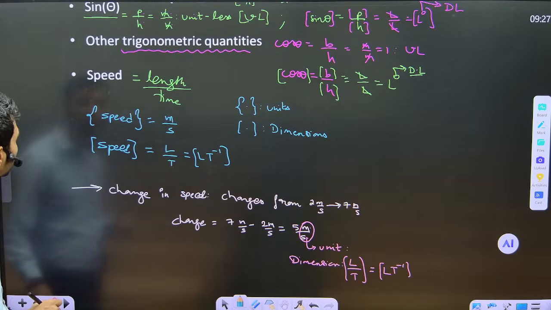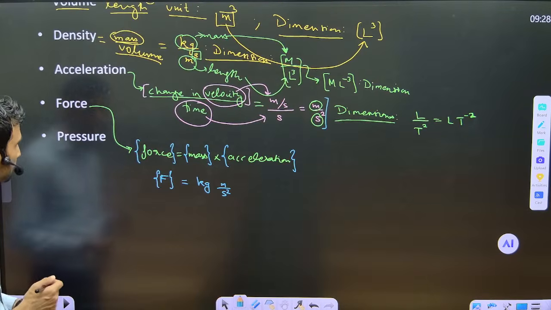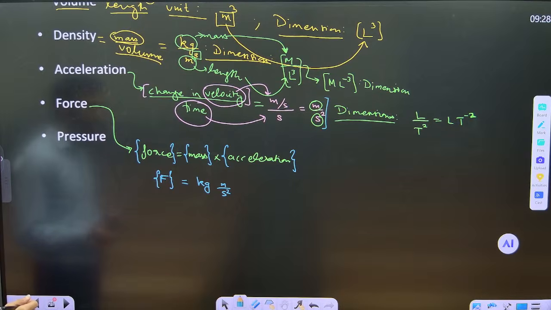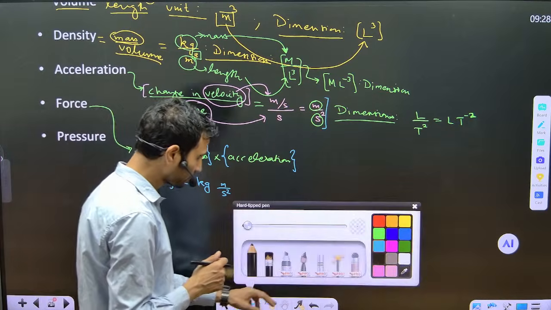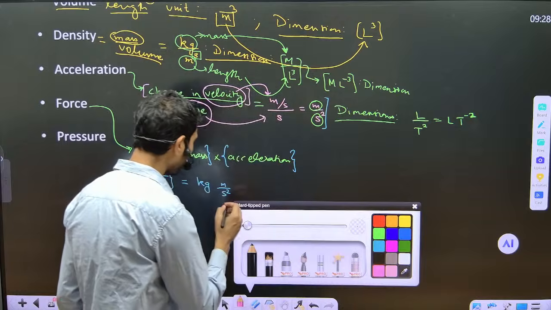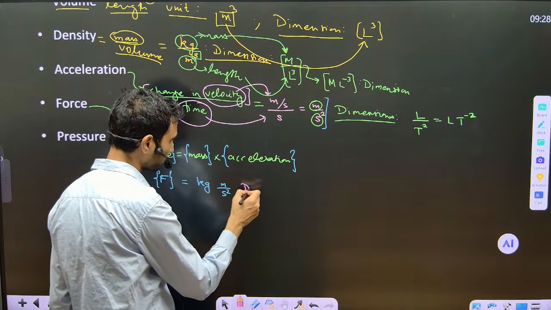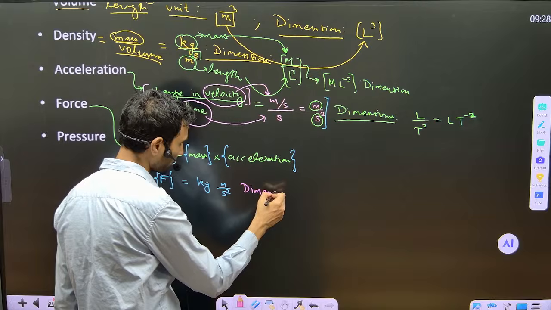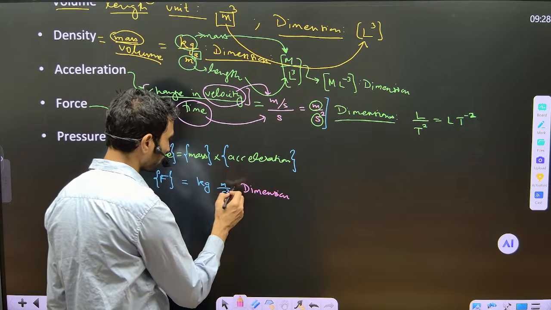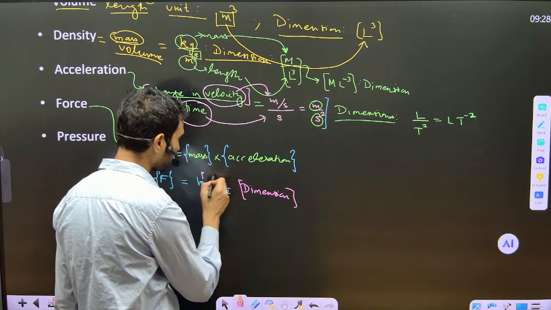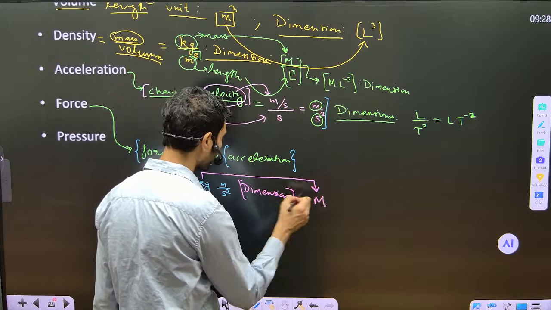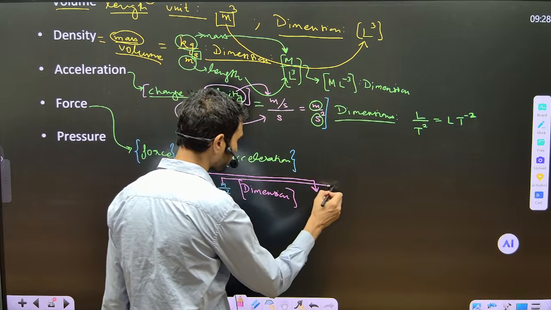So that is the unit of force, right? And if you were to write the dimension, so how can you write dimension? For dimension, kg's dimension is what, guys? Mass. Meter dimension is what?